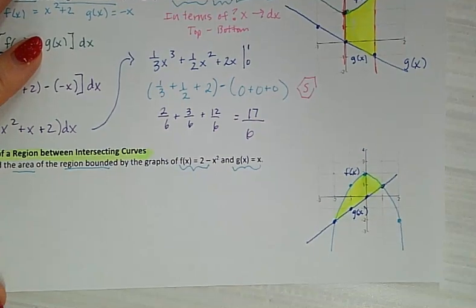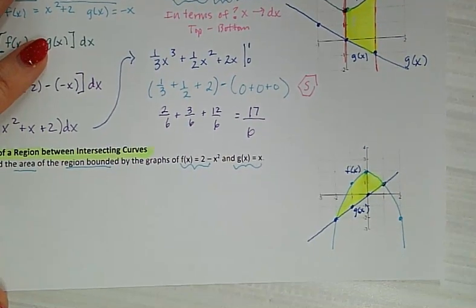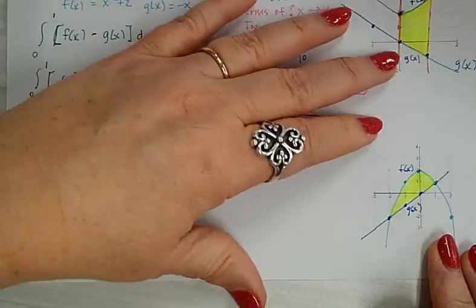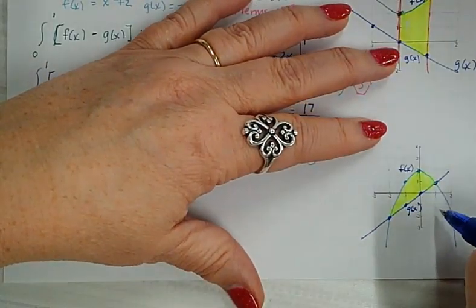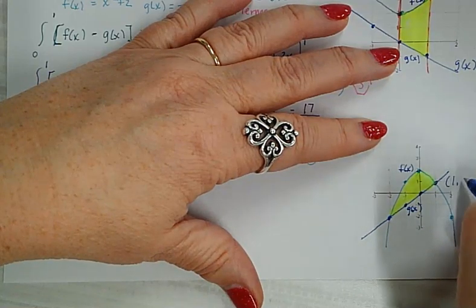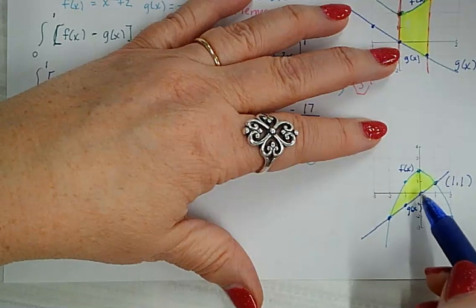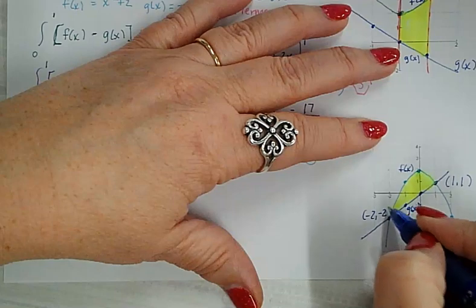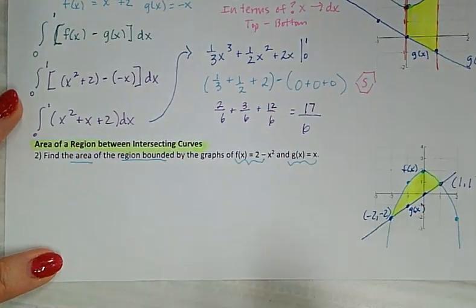And then the next thing I want to know is, can I find the points of intersection from the graph? If I can, awesome. And I can right here. Excuse me, right here I can see that's 1, 1. So that intersection point is 1, 1. And here I can see that's negative 2, negative 2.